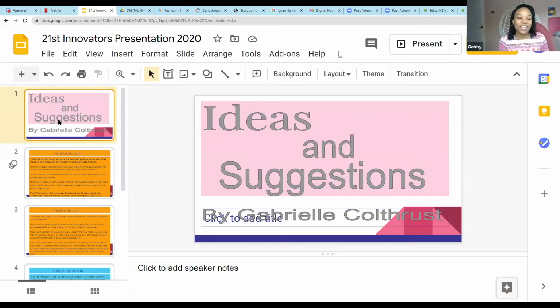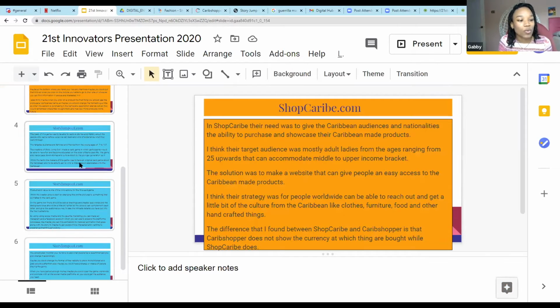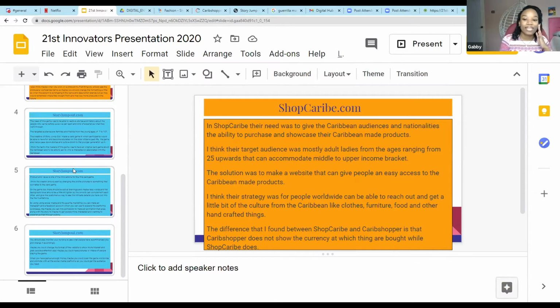So these are my ideas and suggestions, but for each website, I searched through the needs and the audiences first for the first slide, and then I'll go into what ideas I have.